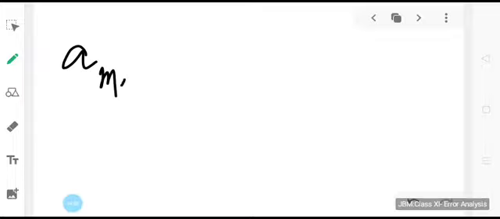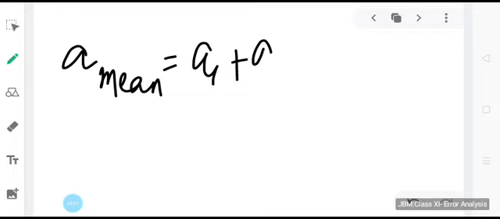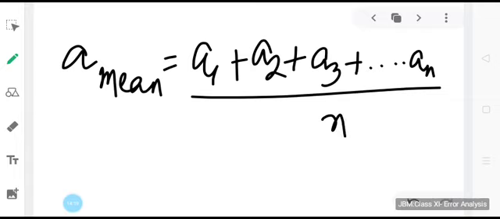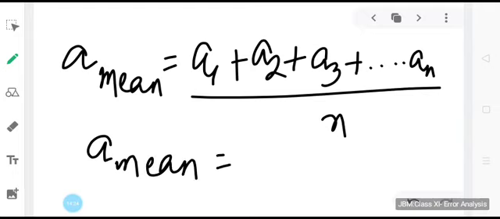As I told you, A mean is equal to A1 plus A2 plus A3, and if suppose we have taken n observations, divided by n, and this can also be written with the summation sign.